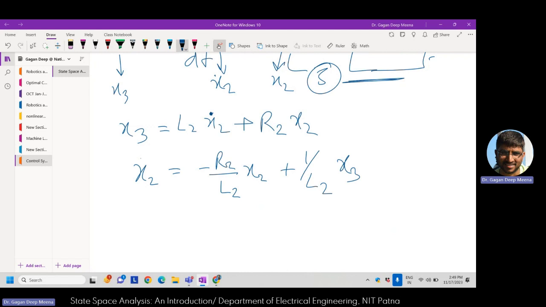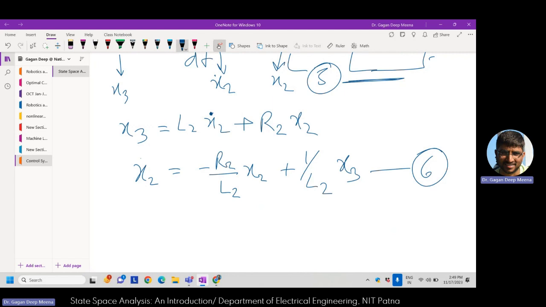So that becomes a first order differential equation. I'll name it equation number 6.